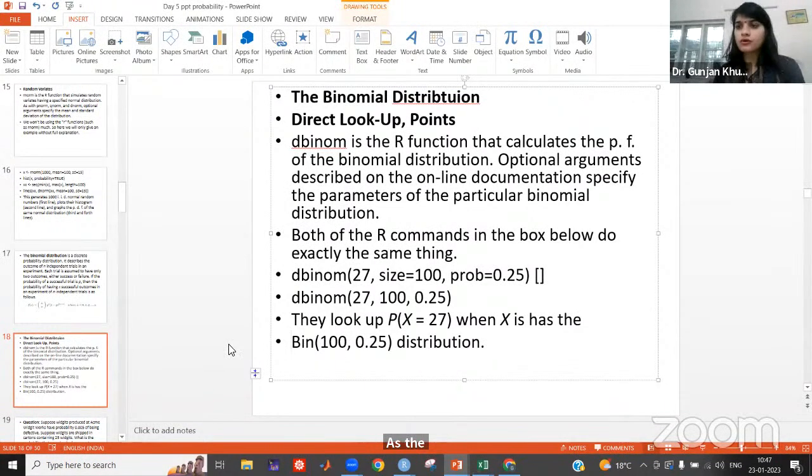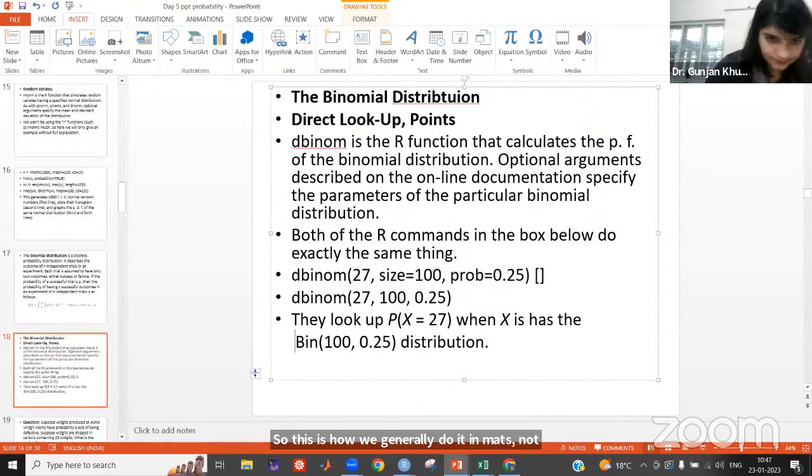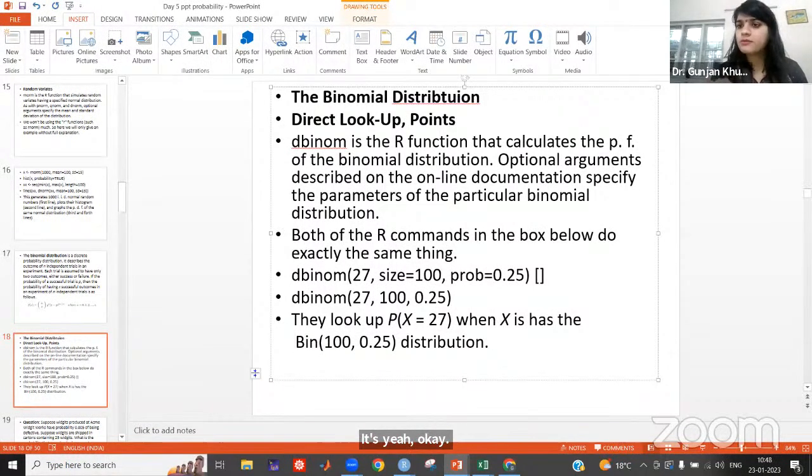This is how we generally write it in maths, not in R. Whenever we are in maths, we always write Bin(n, p). Can you tell me the answer, anyone?